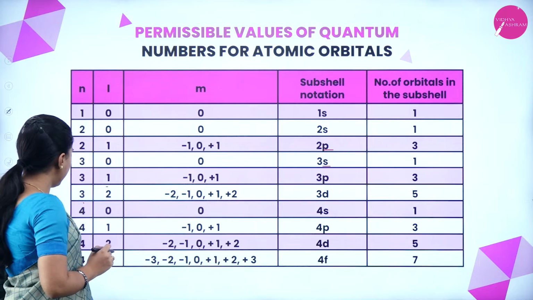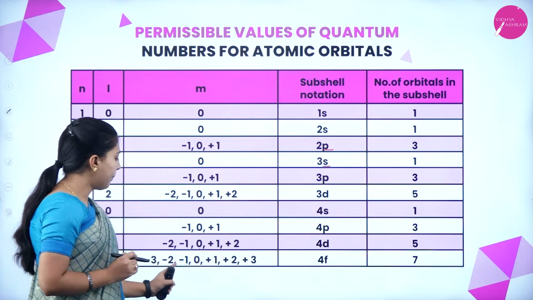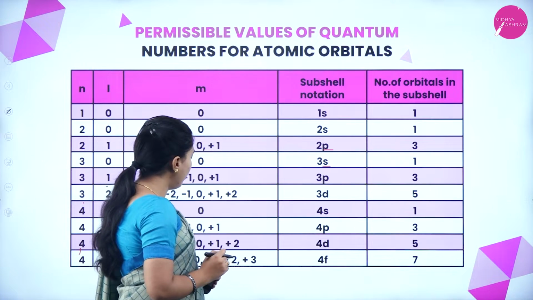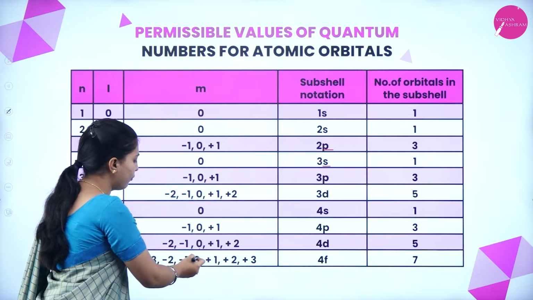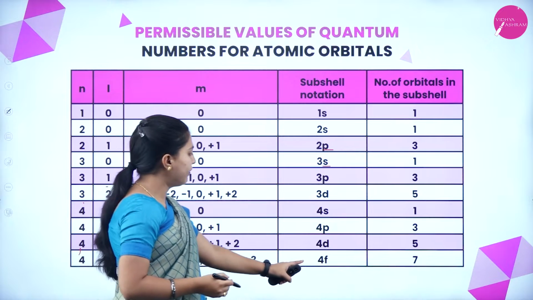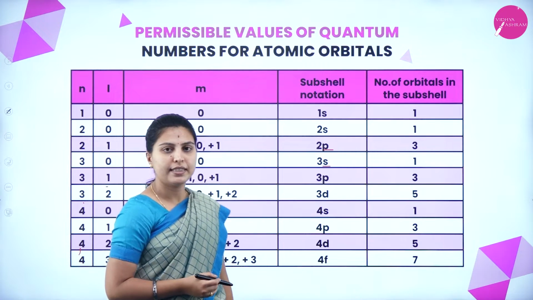When n equals 4, l equals 3, that is minus 3, minus 2, minus 1, 0, plus 1, plus 2, plus 3, overall 7: 1, 2, 3, 4, 5, 6, 7. Then it is 4f, overall orbitals will be 7.